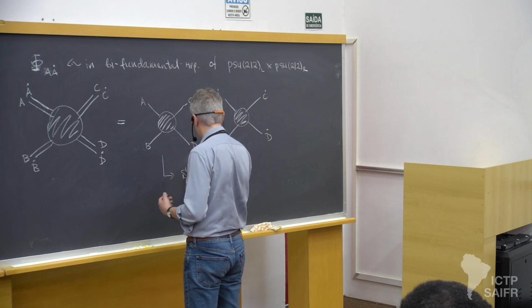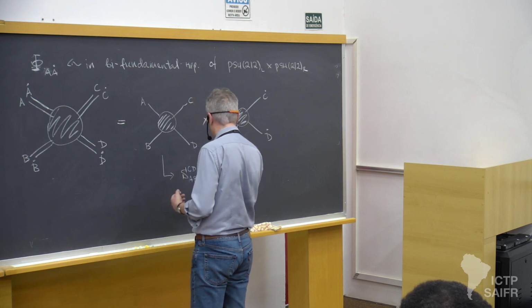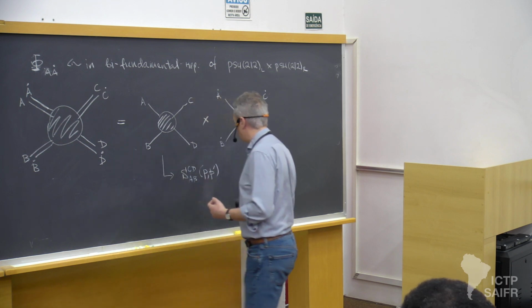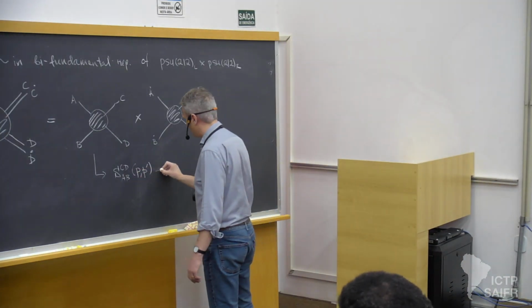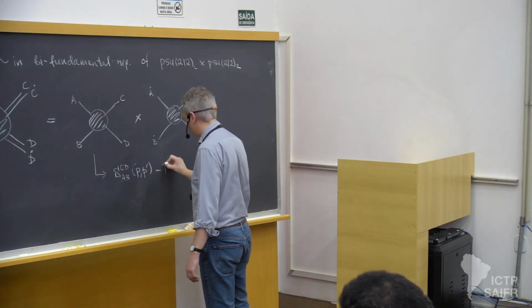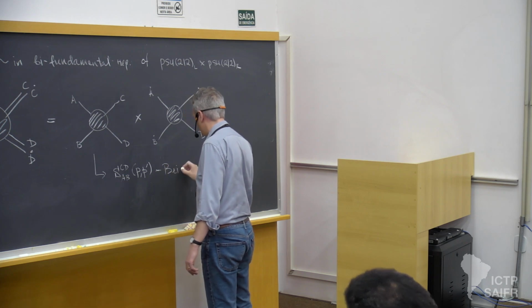And each of these factors depends on two momenta, and it can be found from symmetries. So it's known as Beisert's S matrix.